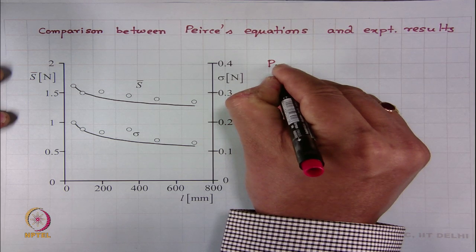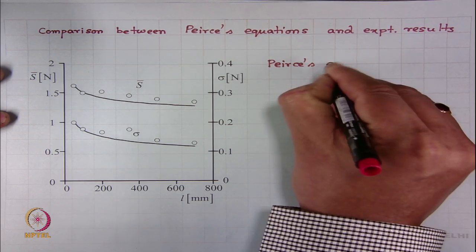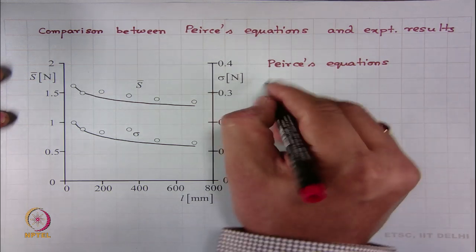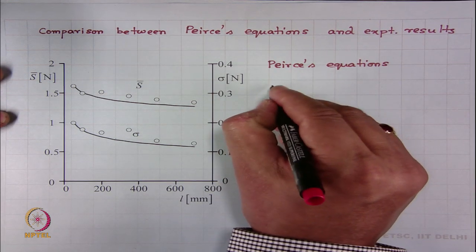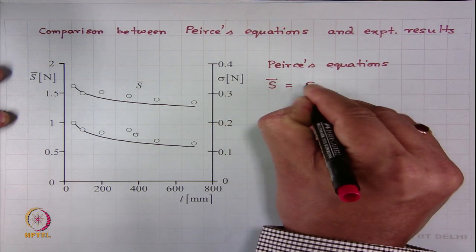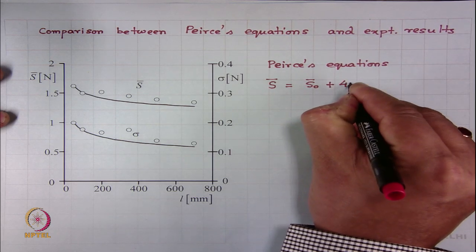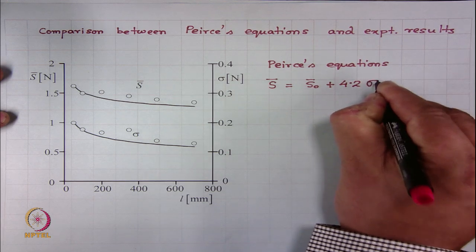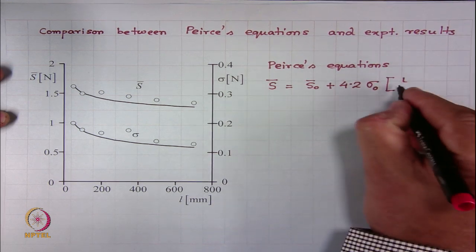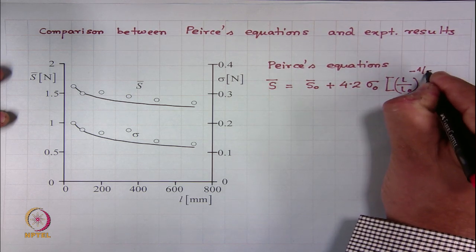Let us write down first the Peirce equation. We have derived two equations. One is the mean strength at longer gauge length is equal to mean strength at shorter gauge length plus 4.2 into standard deviation of strength at shorter gauge length into ((longer gauge length divided by shorter gauge length) to the power minus 1 by 5 minus 1).